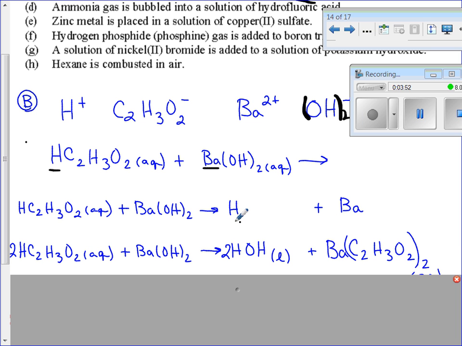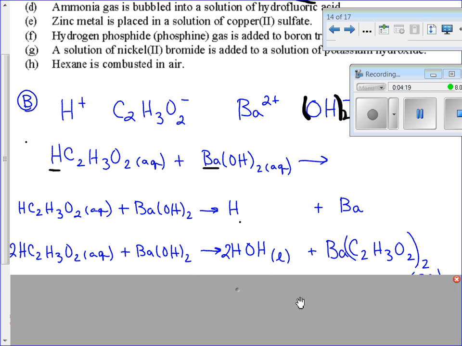Now instead of pairing the hydrogen with acetate, I'm going to pair it up with the hydroxide to make HOH, or water. And I'm going to pair up the barium with the acetate. I need 2 acetate ions to balance out the charge of the barium ion. I should have written this here: this is an aqueous solution.